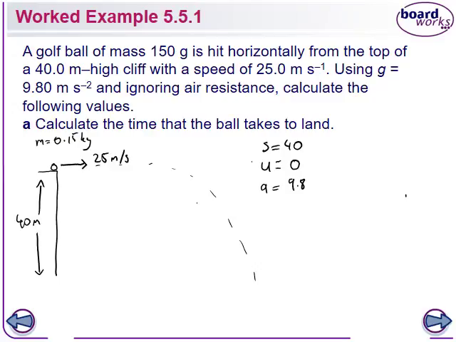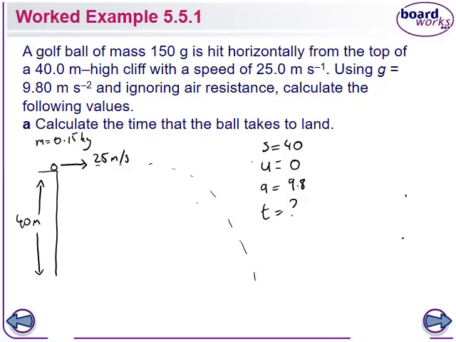So we have 3 of those, and remember I was saying earlier, if you have any 3, you can work out any other one. And we want to work out, what do we want to calculate? Time. So we don't know time. You would have a look at your SUVAT equations, and you need to find one that contains those 4 quantities.